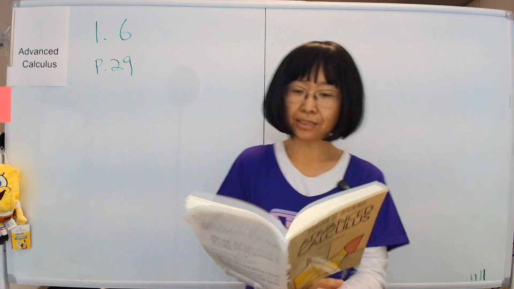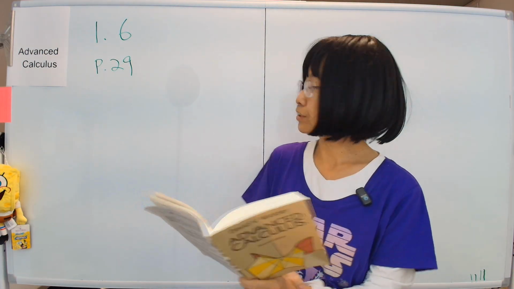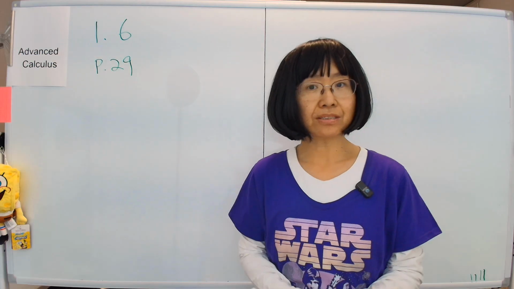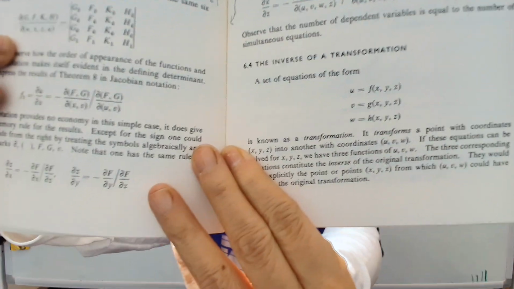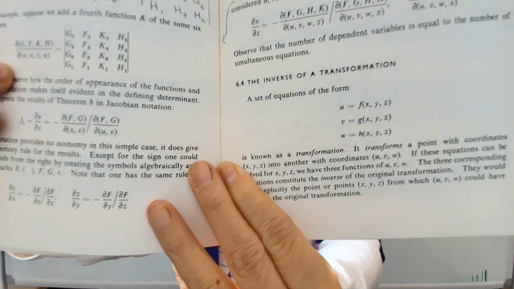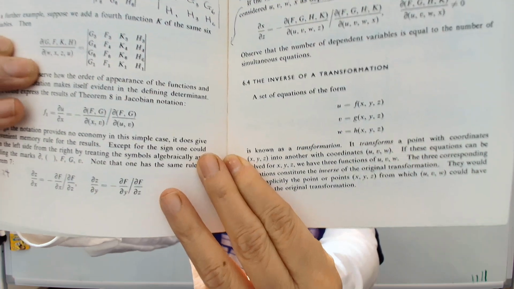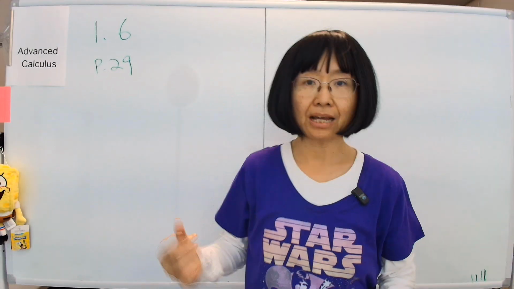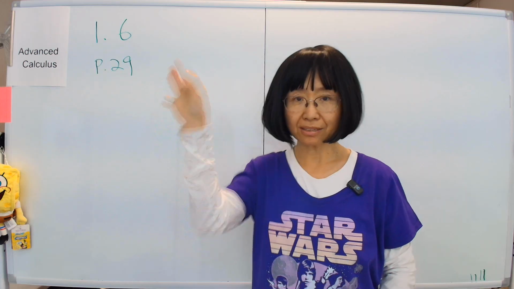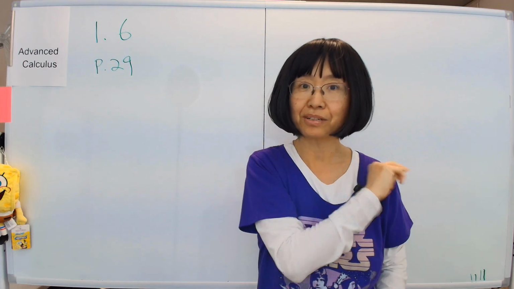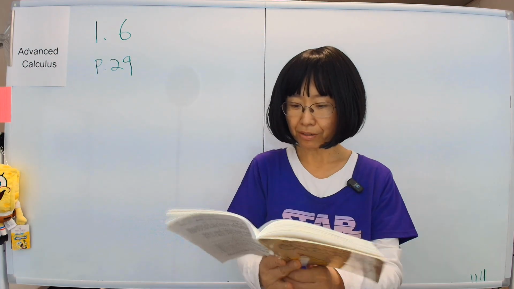continuing on section 6.4, on page 29, let's look at the inverse of a transformation. Now, a set of equations where you have f(g,h) transforming something from xyz space to uvw space, we can consider as a kind of transformation where each point xyz got tossed into some other point uvw.